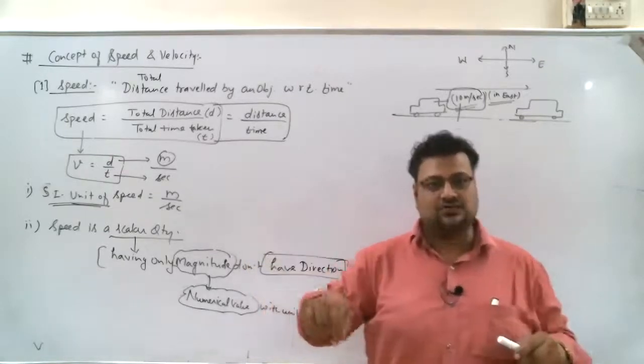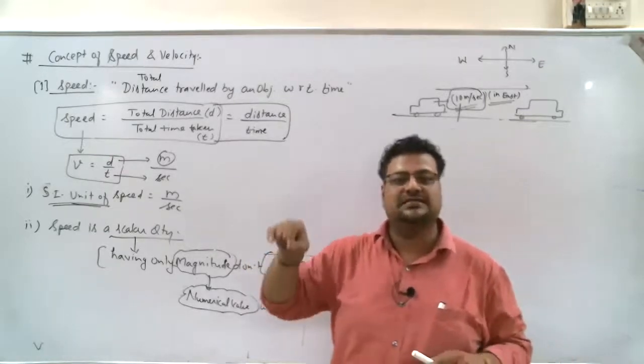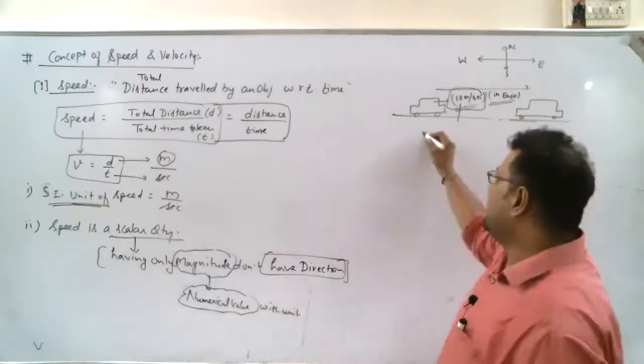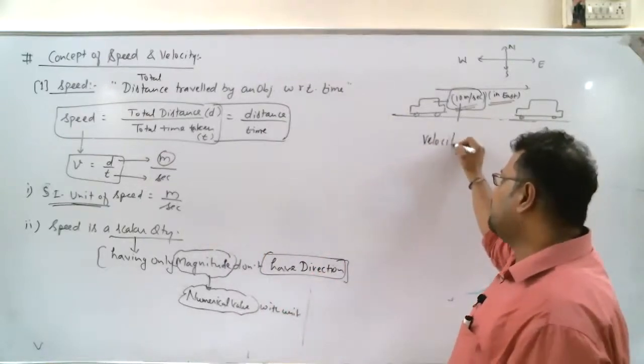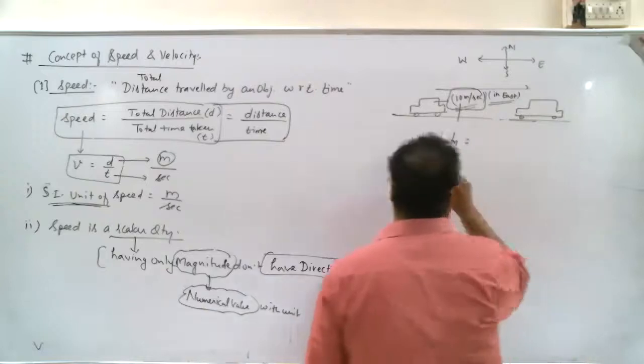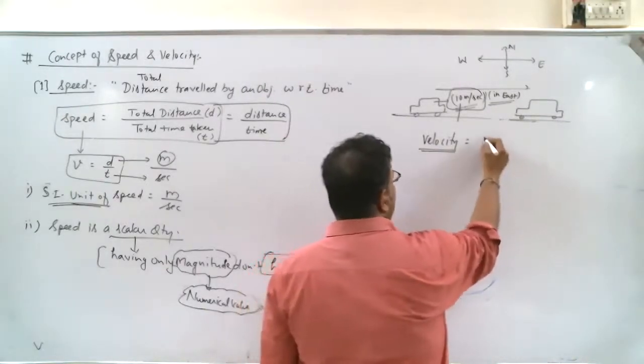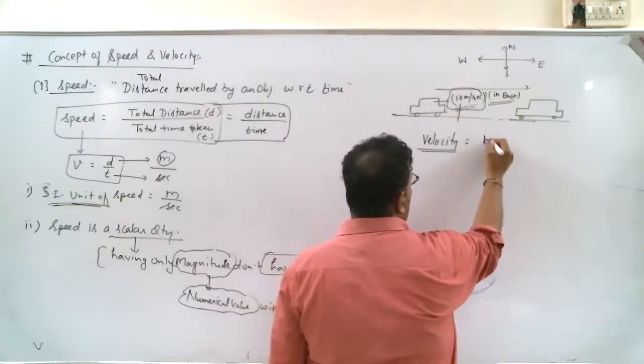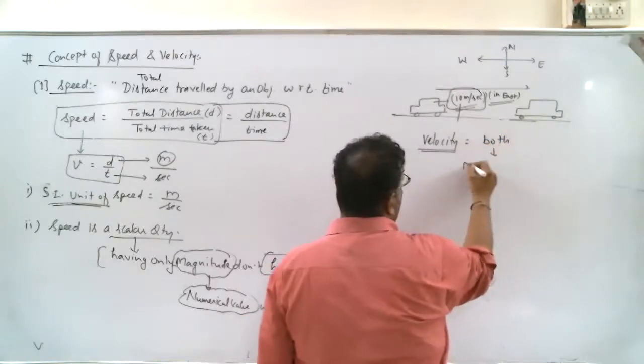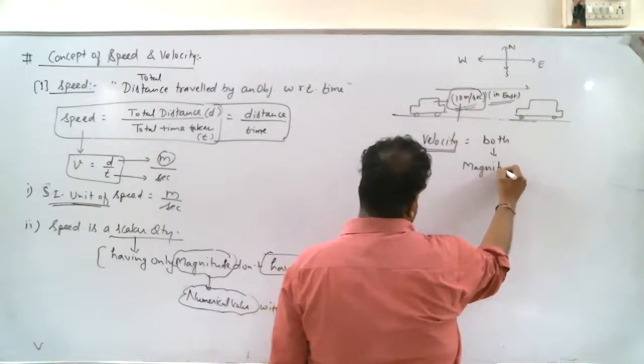Then this quantity which you are discussing now is called velocity. So what do you understand? Velocity is that quantity similar to speed, but it requires both magnitude as well as direction.